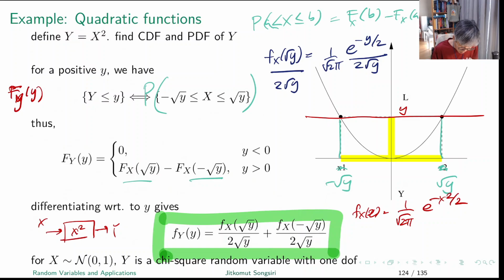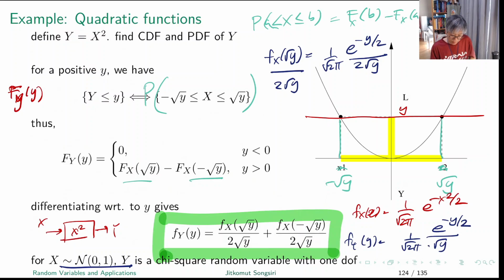So at the end, when x is standard normal, the density of y is going to be 1 over square root 2 pi times square root y, e to the minus y over 2. It turns out to be a chi-square random variable with 1 degree of freedom. You can go to the general expression of the chi-square random variable and see if it matches for degree of freedom 1.